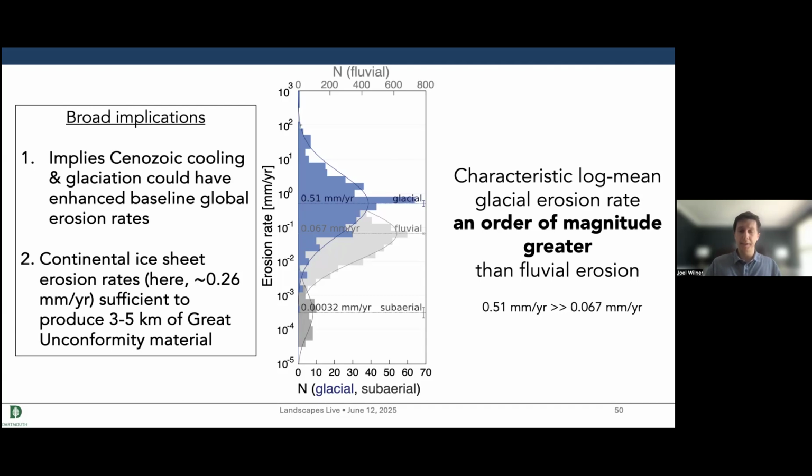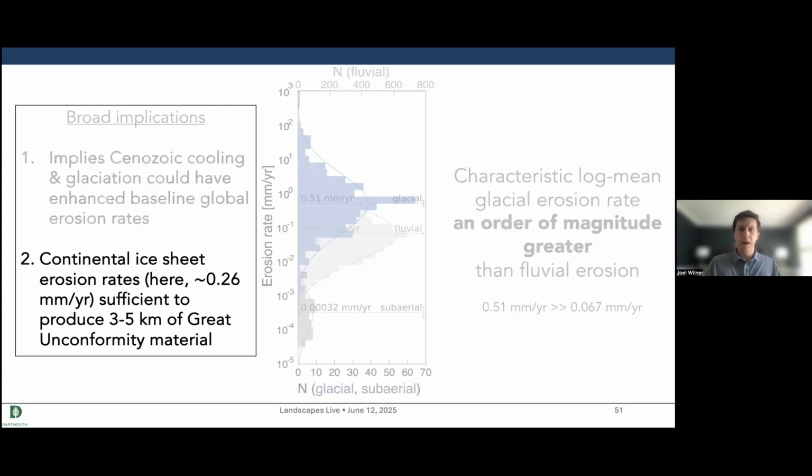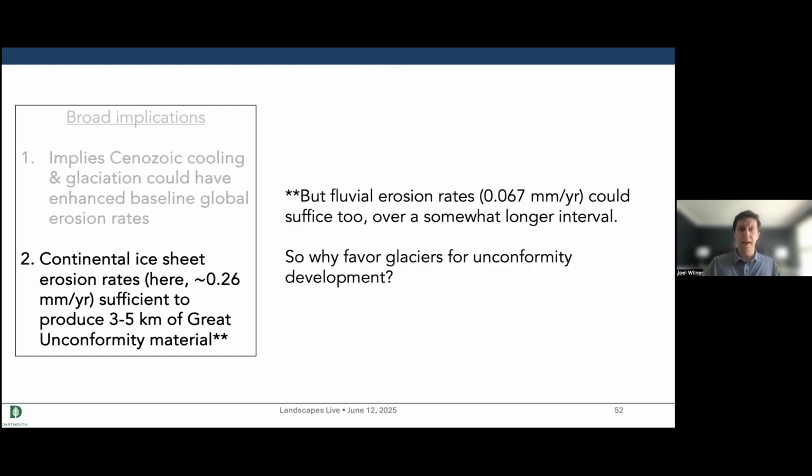If you do the math, it's sufficient to produce the 3 to 5 kilometers of great unconformity material, which would be consistent with some previous authors who have posited that snowball Earth glaciation could be a cause of such a large unconformity through erosive mechanisms. But getting to this point again, it's important to note that fluvial erosion rates, so those smaller erosion rates, could suffice too over, albeit, a somewhat longer averaging interval.